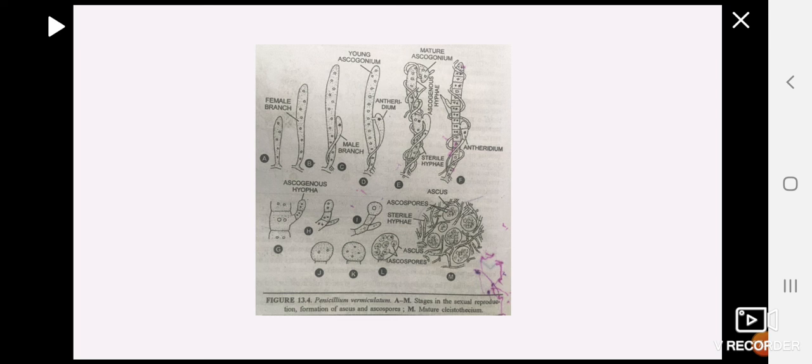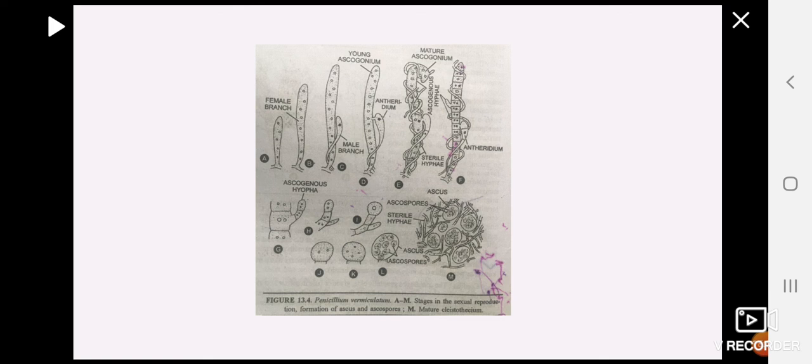Now the cytoplasm is collected around each nucleus, and in this way 8 ascospores are produced. You can see here the asci are spherical or pear-shaped, and contain 8 ascospores which are spherical in shape.